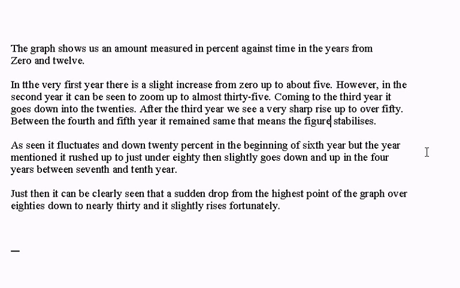But the year mentioned, it rushed up to just under 80, and then slightly goes down and up in the years between the 7th and 10th year. As seen, you could use that, but it's incredibly informal.